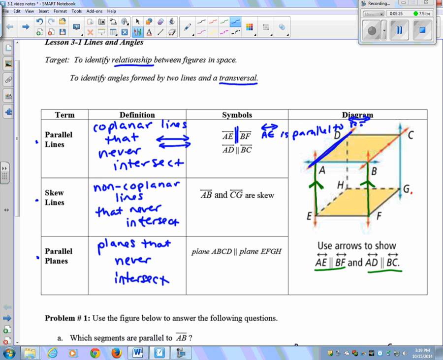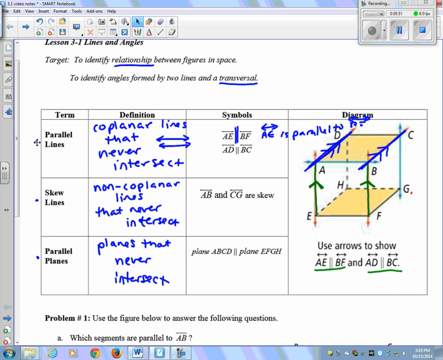Now we're saying that AD is parallel to BC. Well, we already showed these two green lines with one arrow. If we want to show these are parallel, now we're going to use double arrows. Just like with the tick marks, we use double tick marks to show congruence in the same diagram. Here we're going to show double arrows to show parallel in the same diagram.